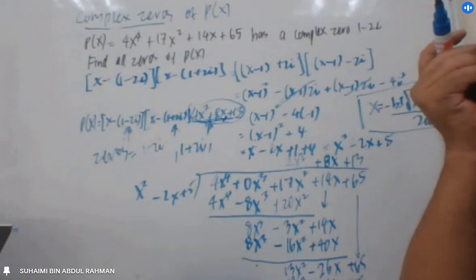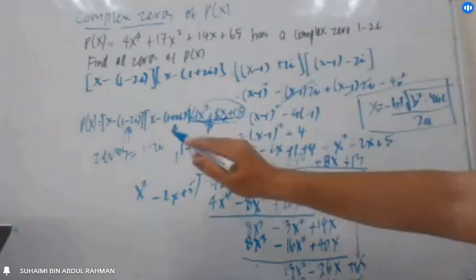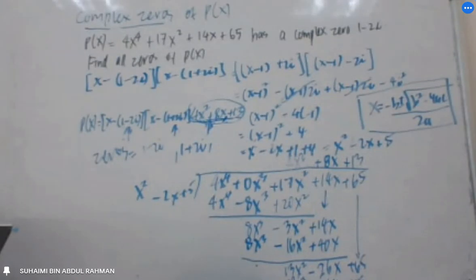So 2 zeros. Altogether, how many zeros? 4 zeros, because this polynomial is a polynomial of degree 4. So 4 zeros. Right.